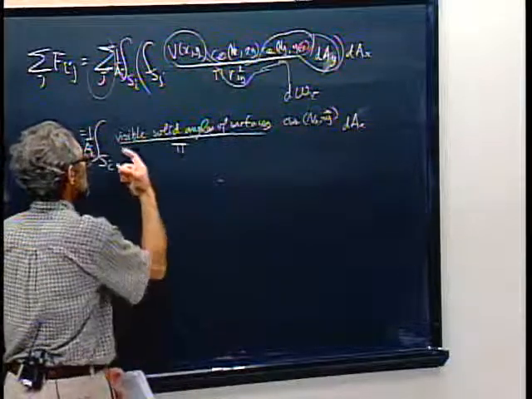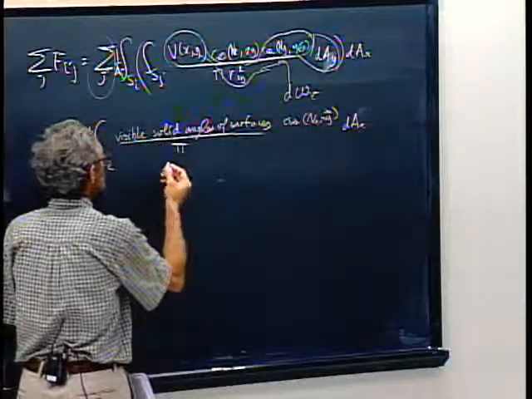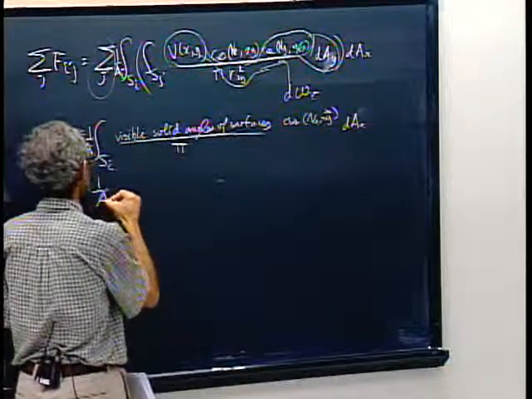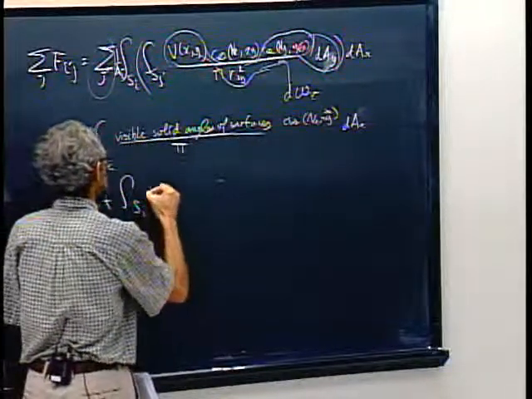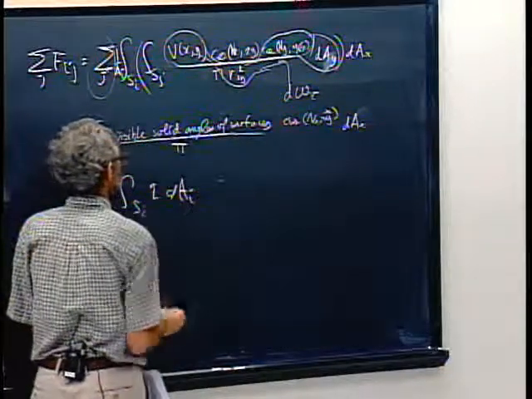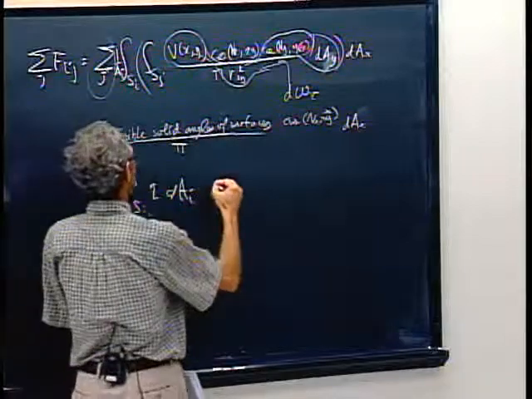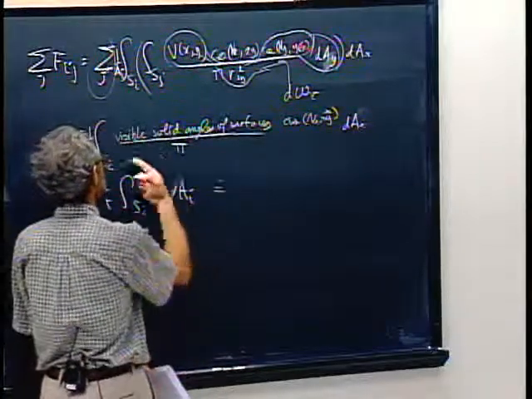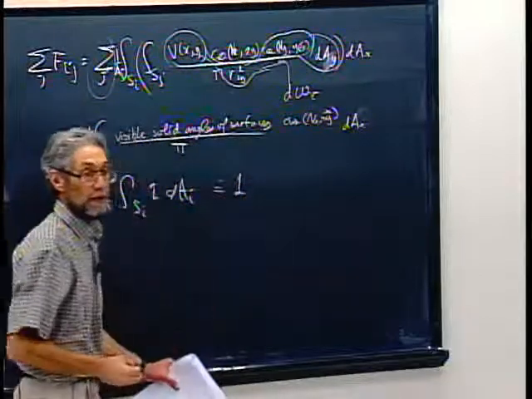But in any case, the factor over pi is less than or equal to 1, so it's less than or equal to the integral over Si of 1 dAi, which adds up to Ai, and so that's 1.